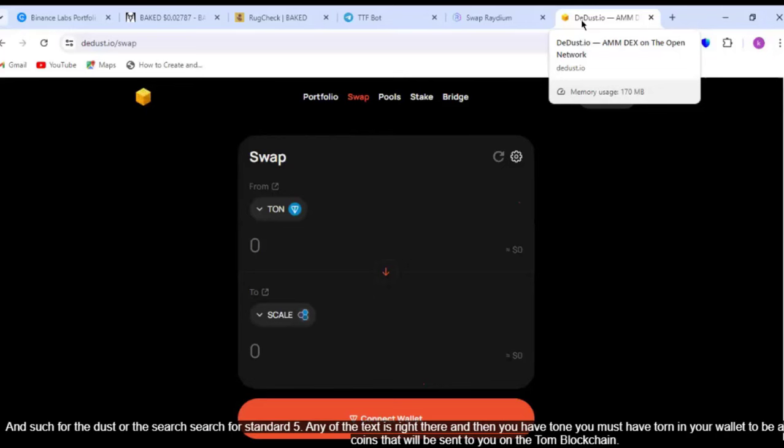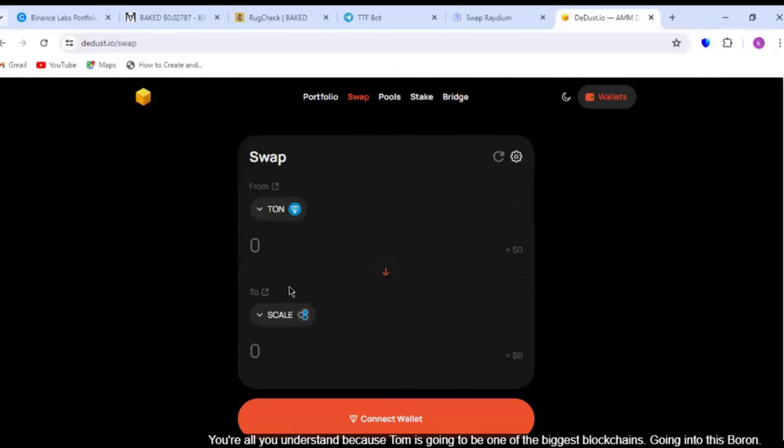So you go to your browser on your Ton wallet, right? And search for DeDust, or you search for STON.fi, any of the DEXs right there. You must have Ton in your wallet to be able to participate in any of the memecoins that will be sent to you on the Ton blockchain.